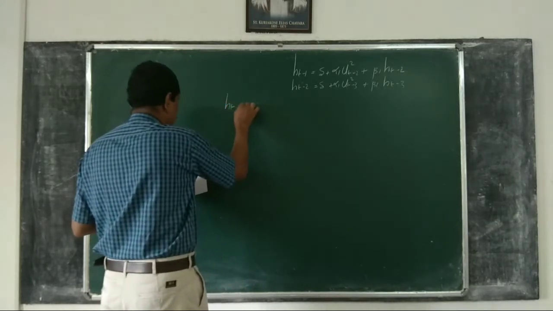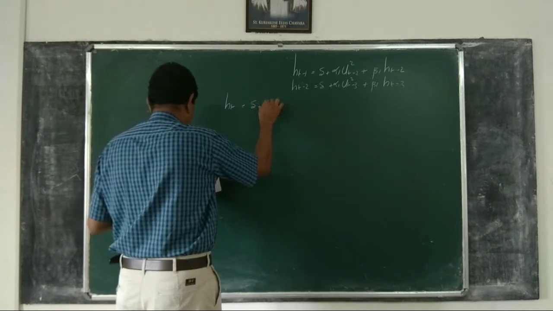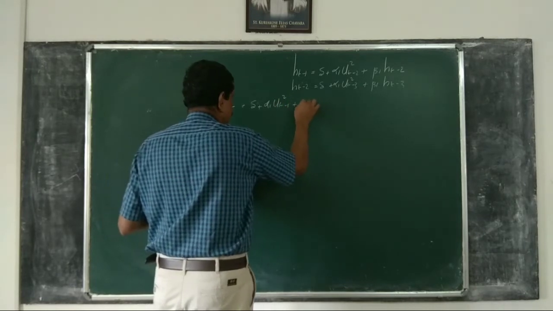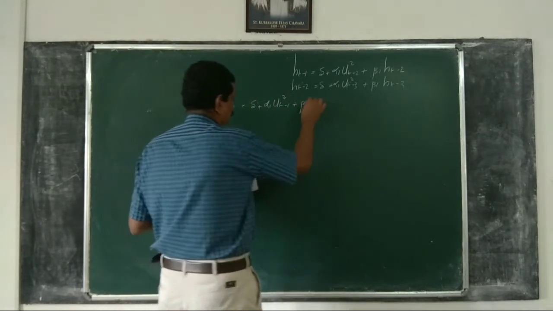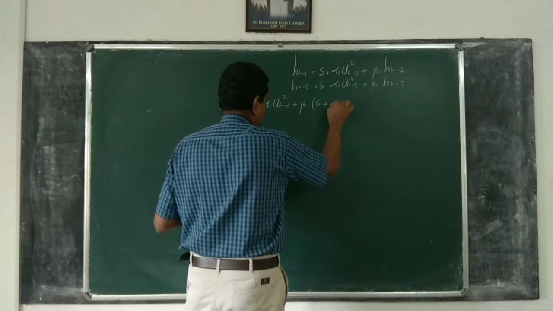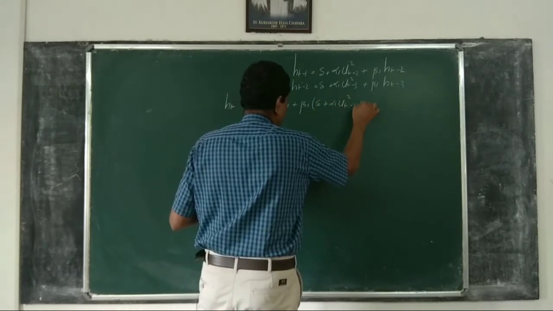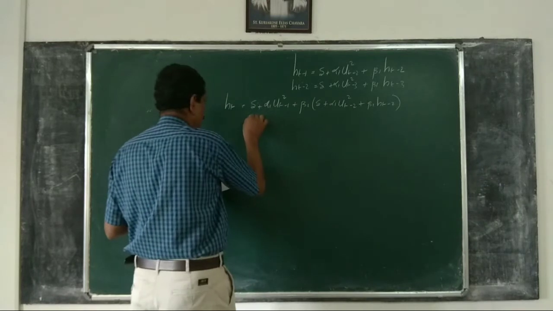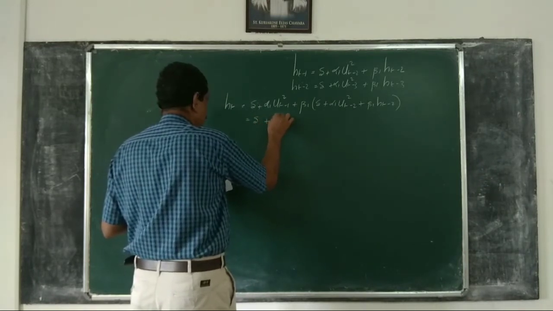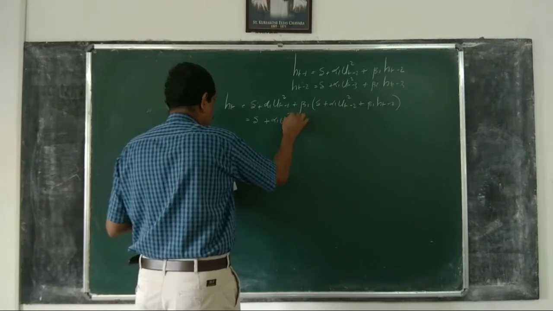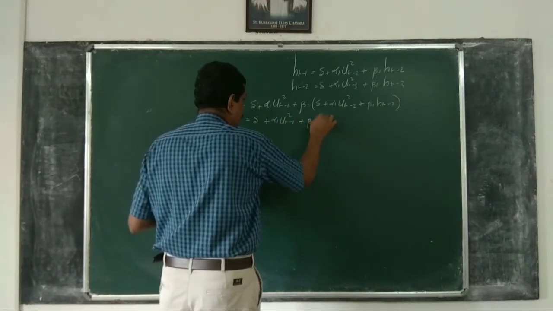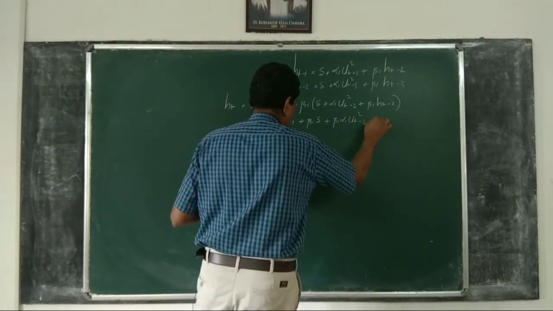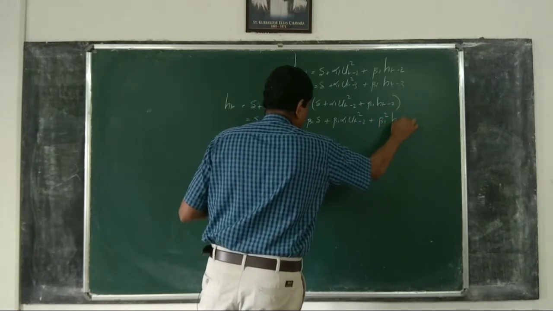can be written as delta plus alpha 1 u_{t-1} squared plus beta 1 times (delta plus alpha 1 u_{t-2} squared plus beta 1 h_{t-2}), which is equal to delta plus alpha 1 u_{t-1} squared plus beta 1 delta plus beta 1 alpha 1 u_{t-2} squared plus beta 1 squared h_{t-2}.